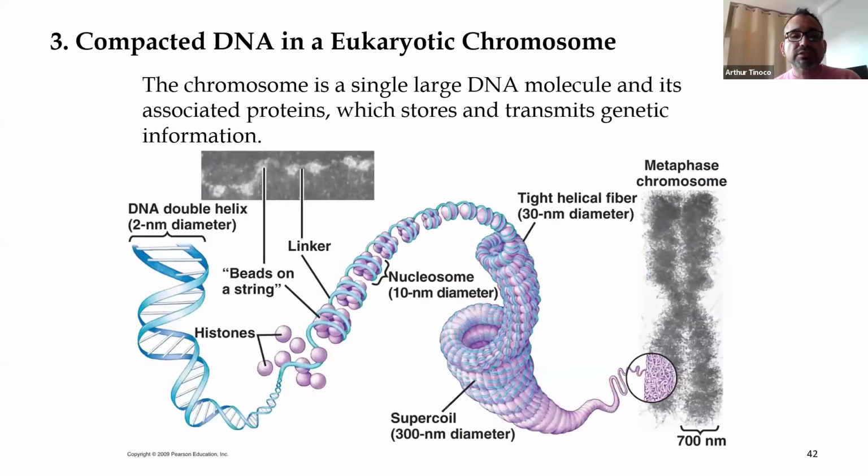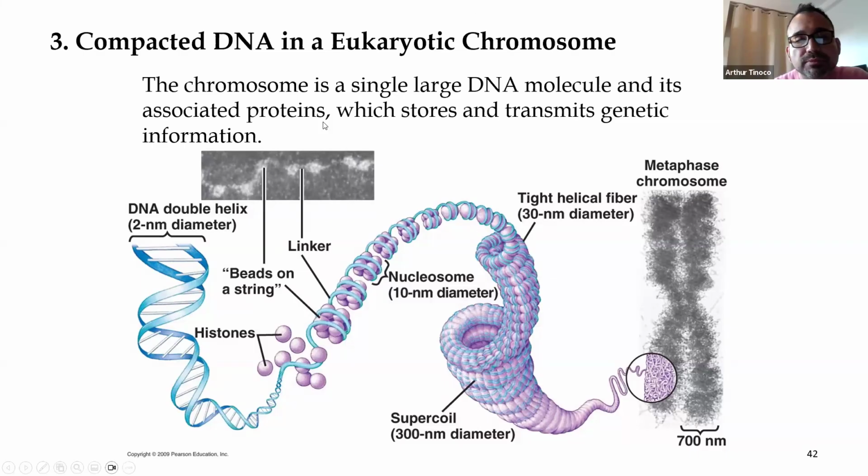So here we have this depiction of what happens to the supercoiling process, how that DNA becomes compacted. And essentially, what you're seeing here is how the DNA is compacted in a eukaryotic chromosome. So the chromosome is a single large DNA molecule, and as part of the structure, you have its associated proteins.